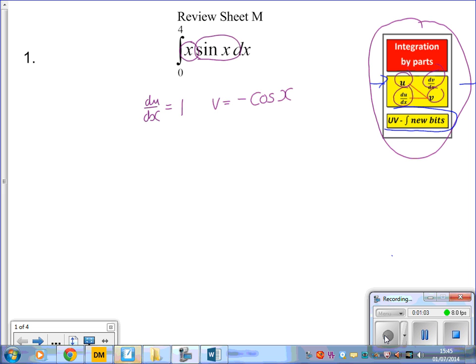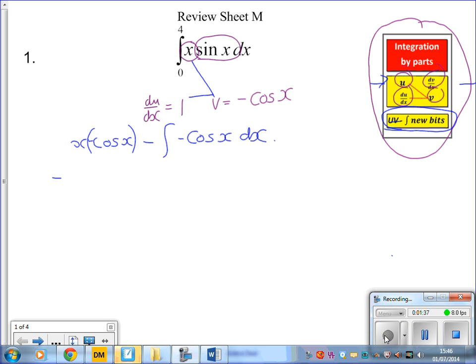like this. So it starts off at uv, so there's my u and my v, x times by minus cos x, take away the integral of the new bits. New bits are the bits that I've worked out, so the du dx, which is 1, and v. So 1 times v, I don't need to worry about the 1, so minus cos x dx, and now I'll integrate this part.